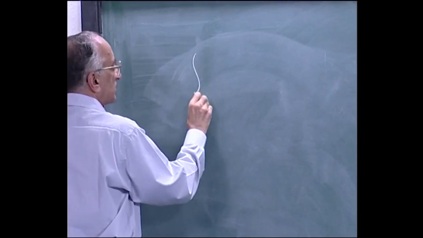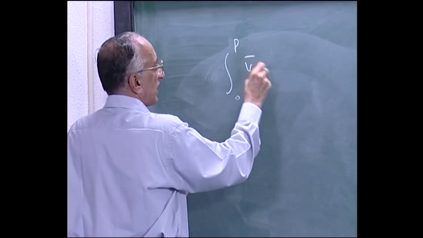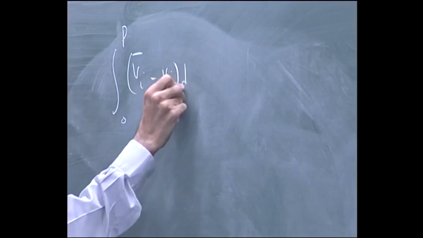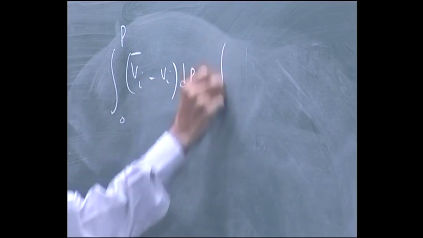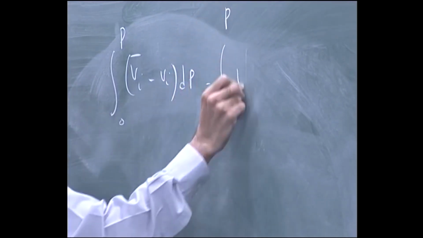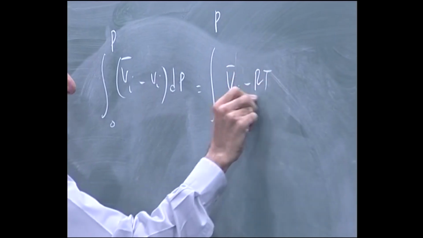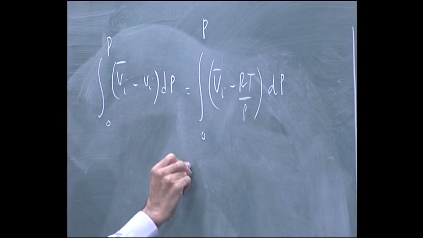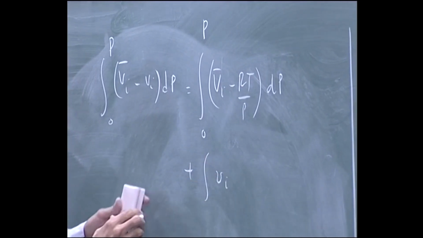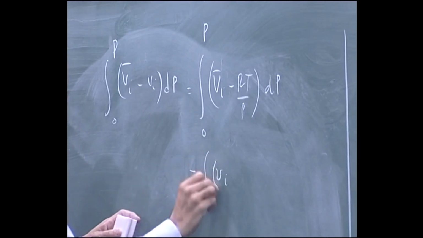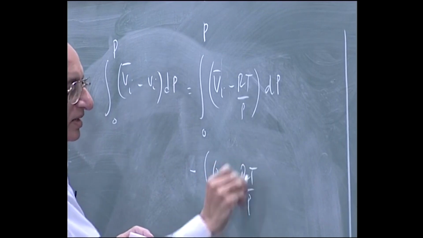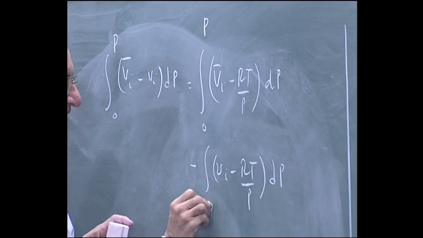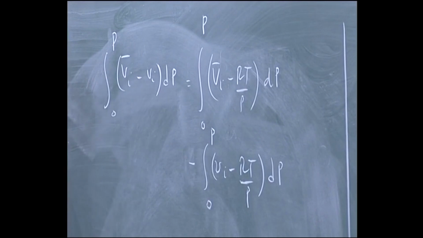I have this integral 0 to P of Vi bar minus Vi dP. I write this as integral 0 to P, or minus, I am adding and subtracting RT by P inside the integral and splitting the integral into two parts.